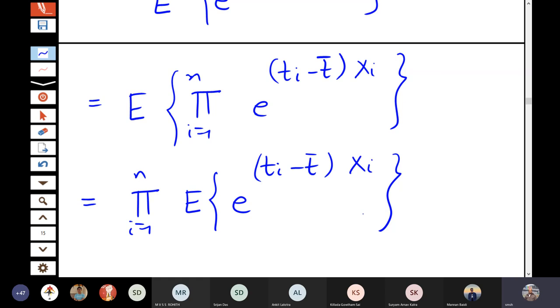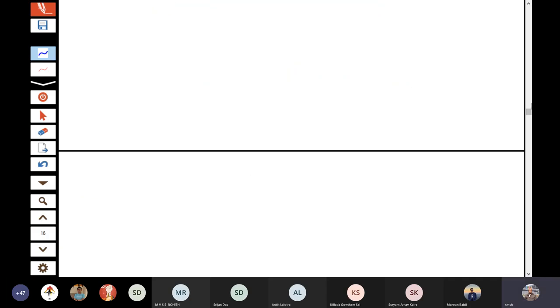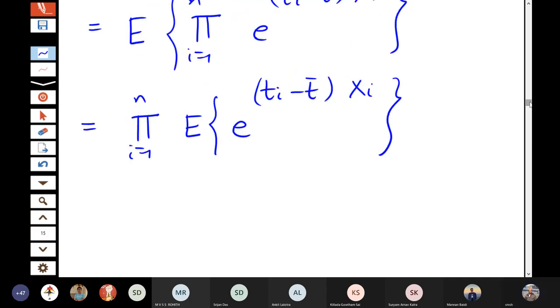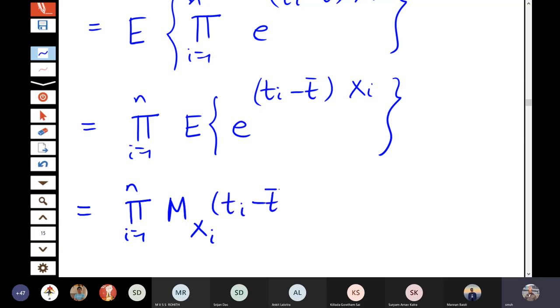Now, if you look at the last term, the expectation of e to the power (ti minus t bar) xi is nothing but the moment generating function of xi at the point ti minus t bar. So this is the product of moment generating functions of xi at the points ti minus t bar.